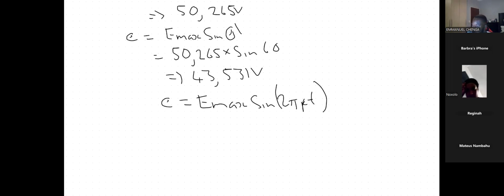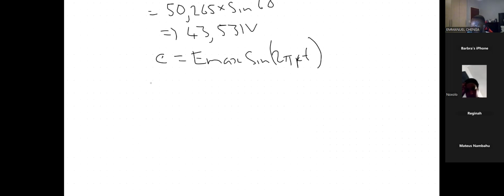Okay, and then after this, it talks about the average values, how you can calculate the average values, which is the E average, which is 0.637 Emax, of which I've shown you how to calculate the Emax.